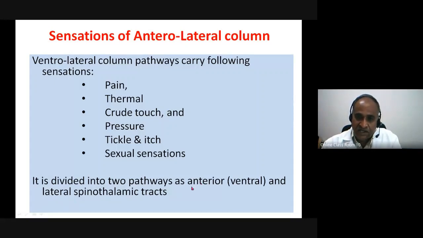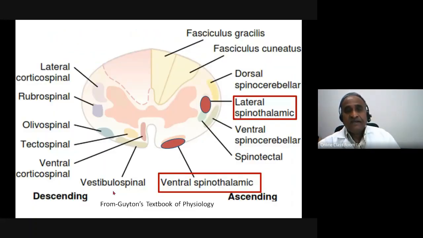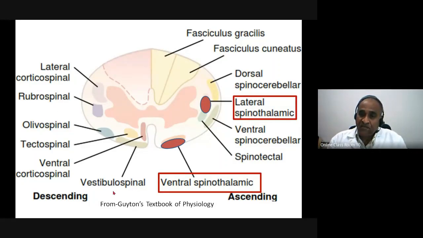These are identified as the anterior spinothalamic tract, or ventral spinothalamic tract, and the lateral spinothalamic tract. So now this is a cross section of the spinal cord, just to recap the various tracts and pathways in the spinal cord, to make you familiar.